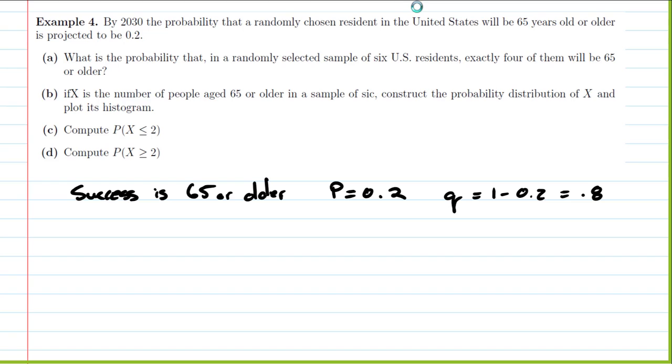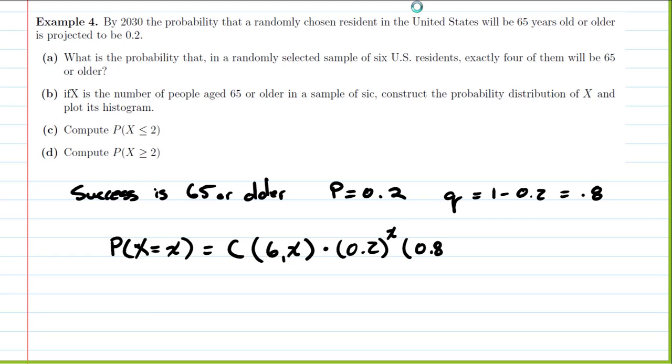So from our formula, the probability that X is equal to little x is equal to our choose function. We're choosing a subset of 6 people, and little x, times our probability of success, 0.2 to the x, times our probability of failure, 0.8, to the n, in this case 6 minus x.